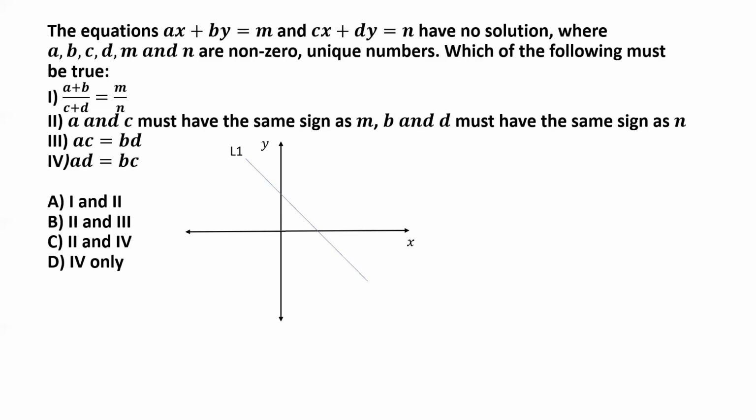So graphically, for these two equations to have a solution, the lines they represent need to have a common point, which means they should intersect each other. And two straight lines, if they intersect, can intersect only at one point. That point of intersection provides the solution to the pair of equations.